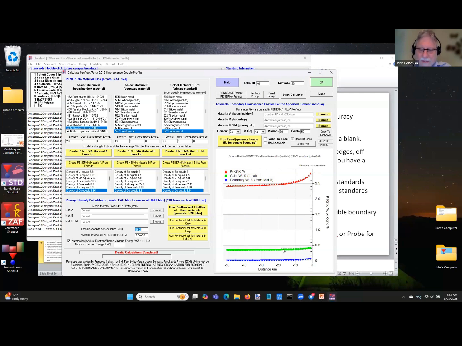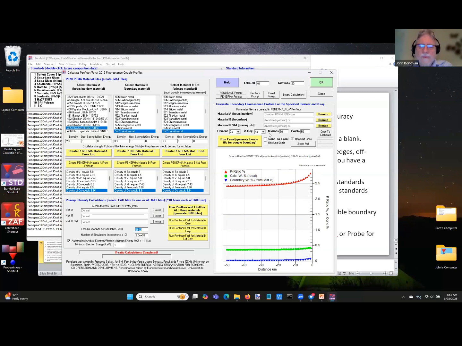This much is the amount that's actually in the material, and this is the amount that is from the boundary only. So it is visible. You are getting about 1,000 ppm, but it's just not huge in the overall scheme of things. But it can work with glasses, minerals, alloys, pure elements.